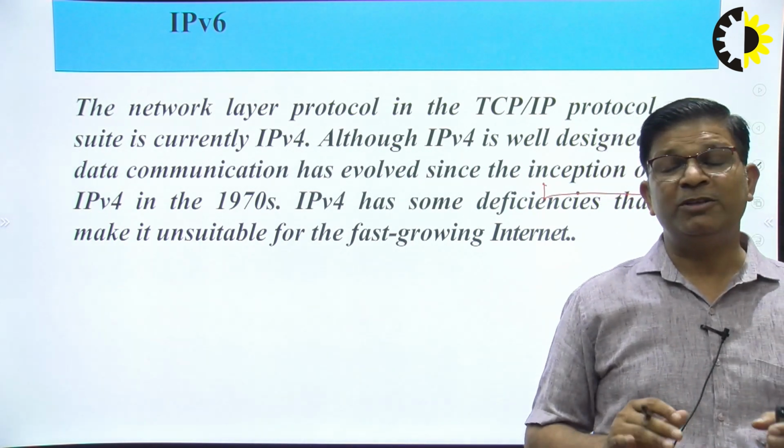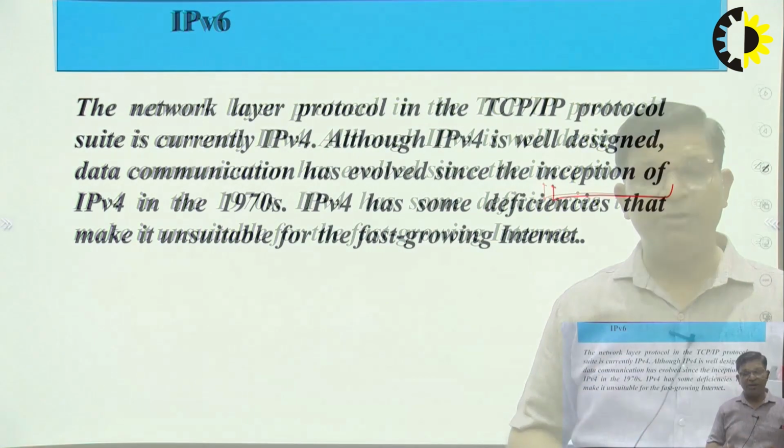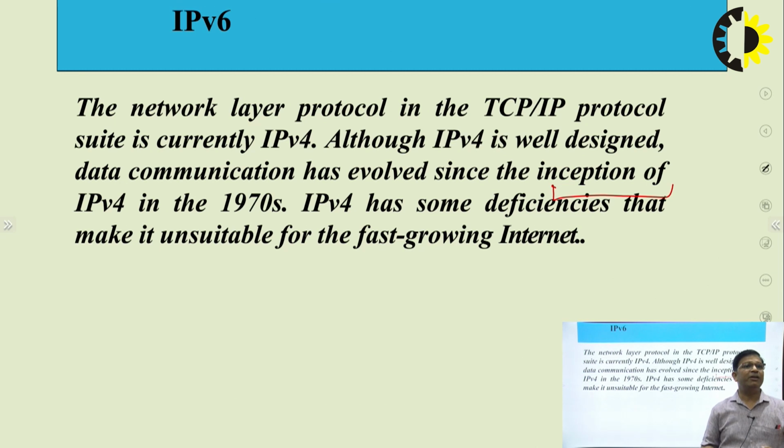Basically, IPv4 is a very good protocol, and we are working on it. Presently we are using IPv4, but as a testing phase, IPv6 is automatically implemented in our system. When you check the network settings on your mobile or laptop, you always see IPv4, which you can change.